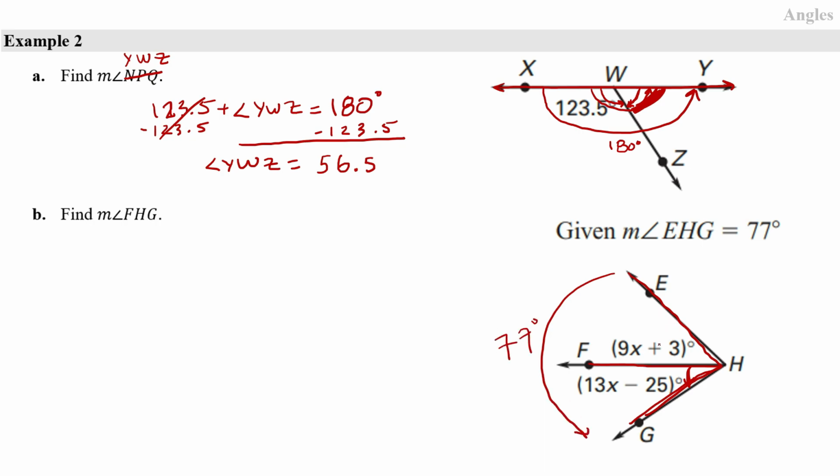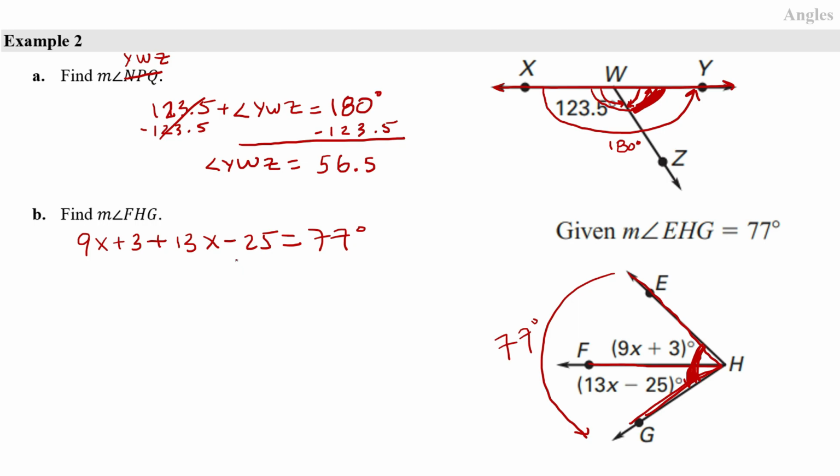And so once again, the angle addition postulate says that the top angle plus the bottom angle together will equal 77. So I can set up my equation as 9x plus 3 plus 13x minus 25. Those two angles are going to equal the whole thing, which is going to be 77 degrees.